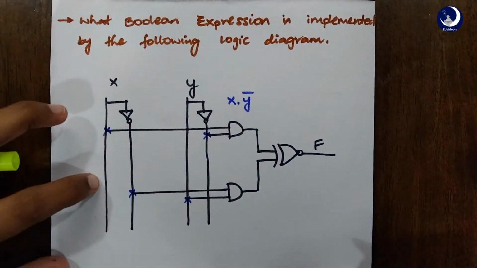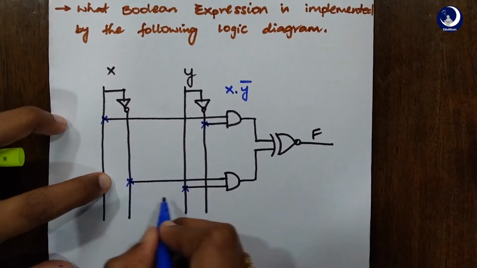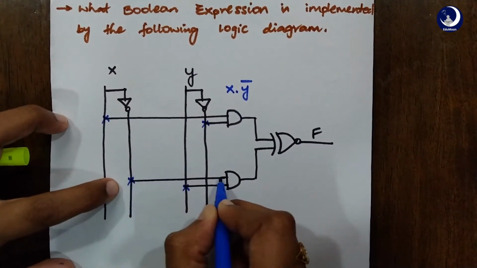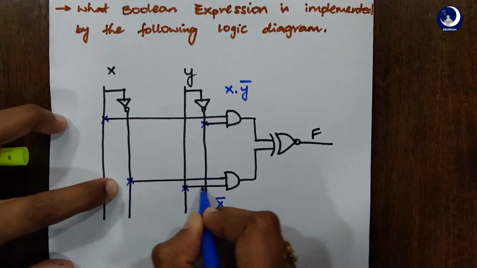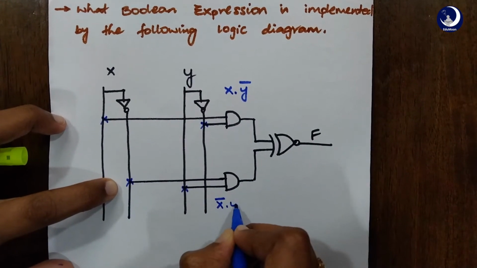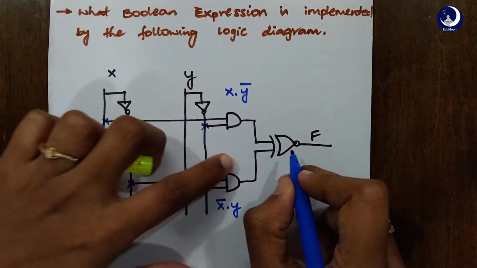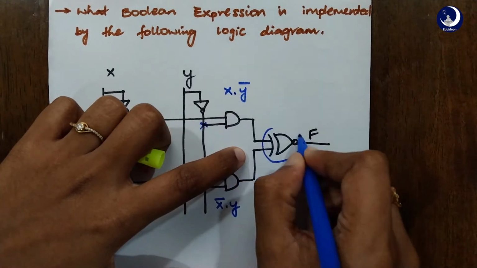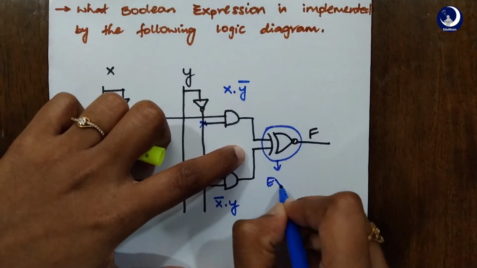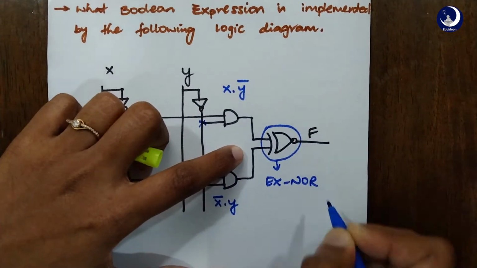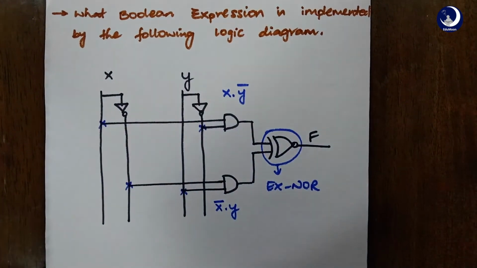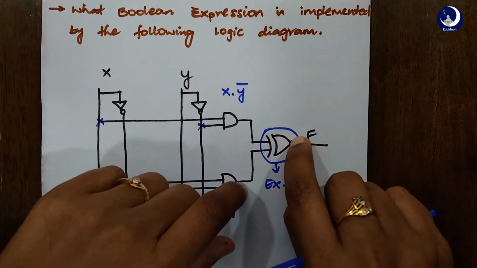I hope you guys are very clear with this. Now in this one also, this is an input of x bar and this is the input of y, x bar dot y. Now this kind of representation is for XNOR. Don't confuse between XOR and XNOR. For XOR you won't be having this bubble.